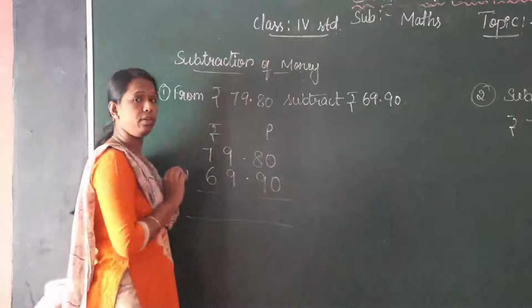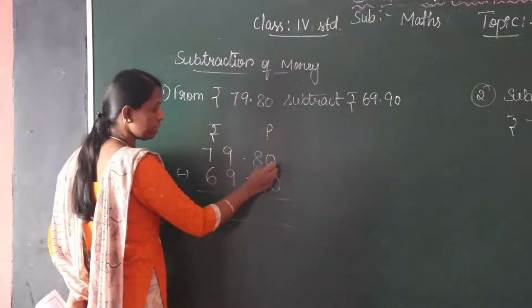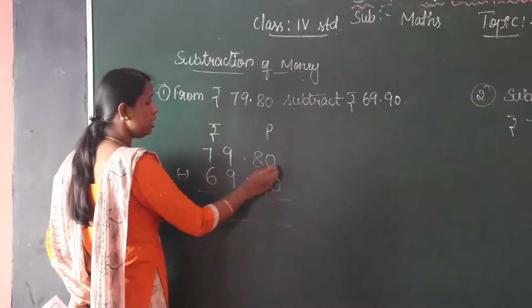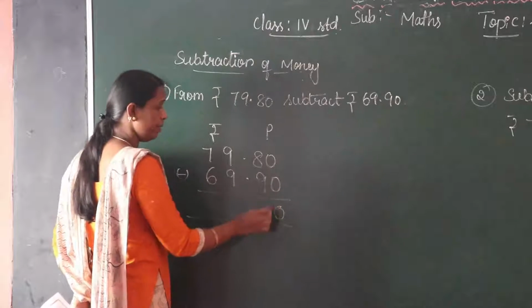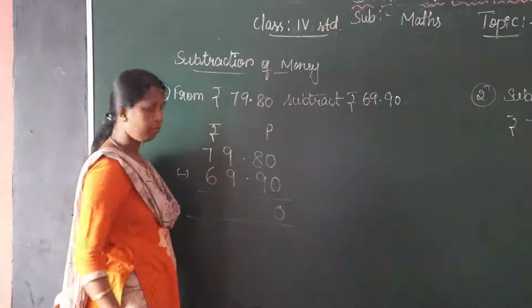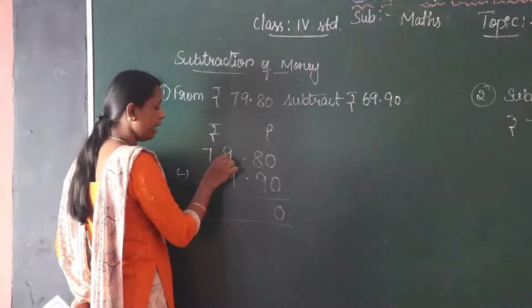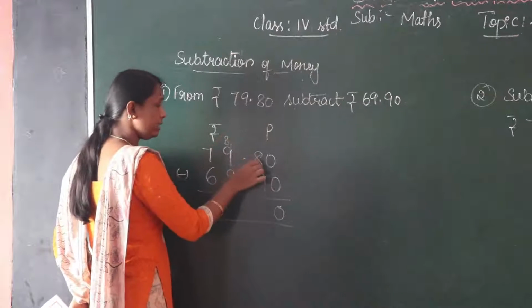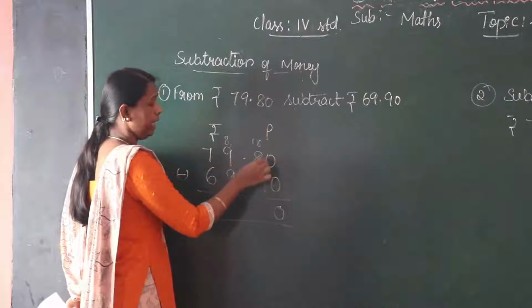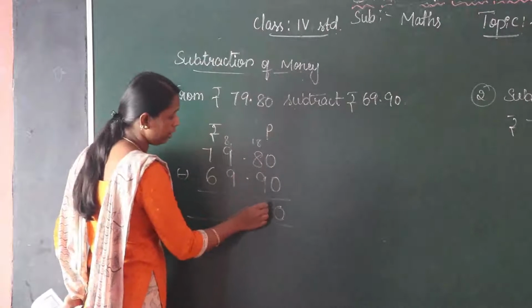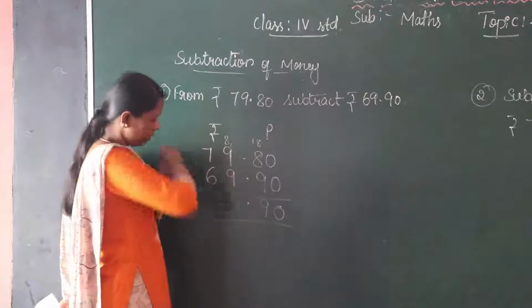So now we have to subtract. This is called the minuend, this is the subtrahend. 0 minus 0 is 0. 8 minus 9 is not possible. Take borrow from the next nearest place. This 9 becomes 8, and this 8 becomes 18. 18 minus 9 is 9. Then the point.